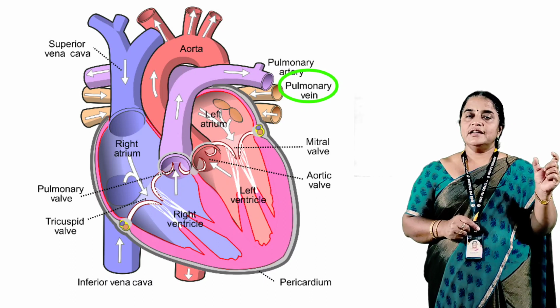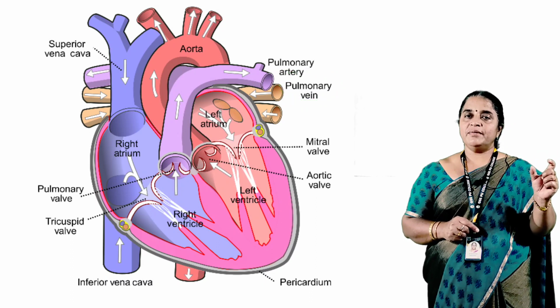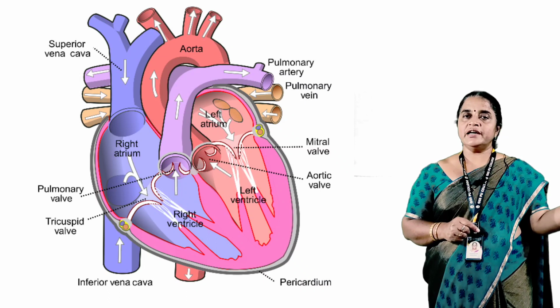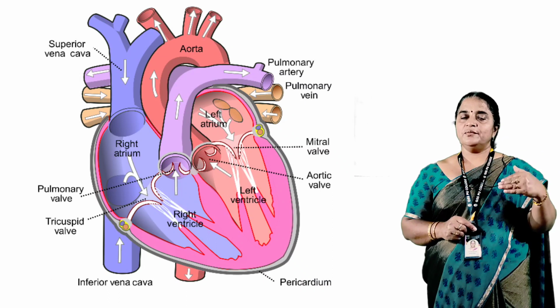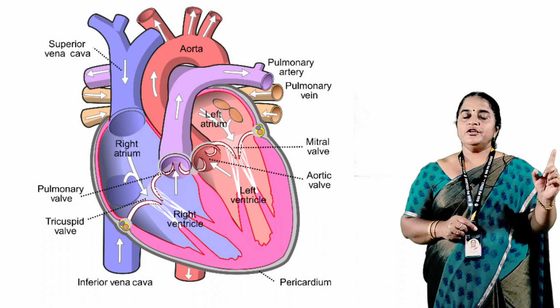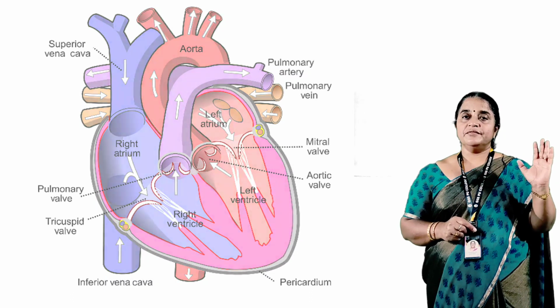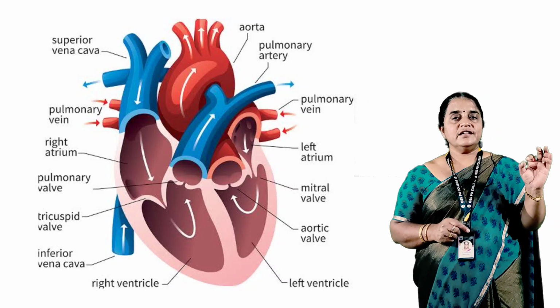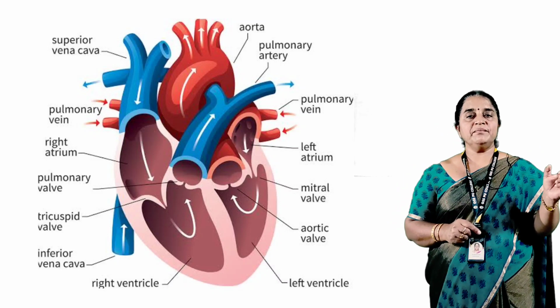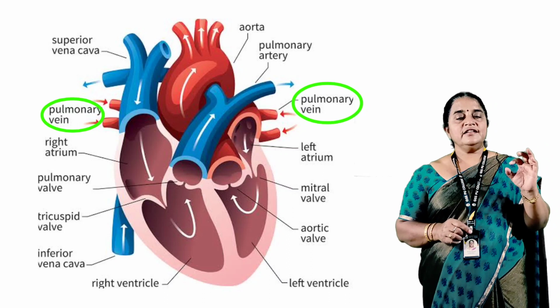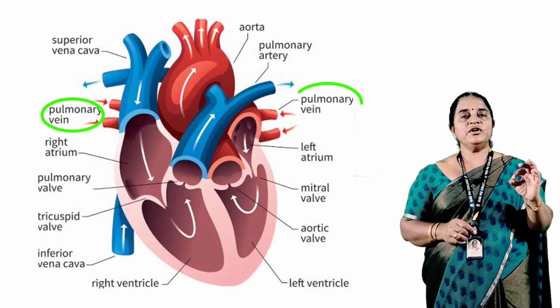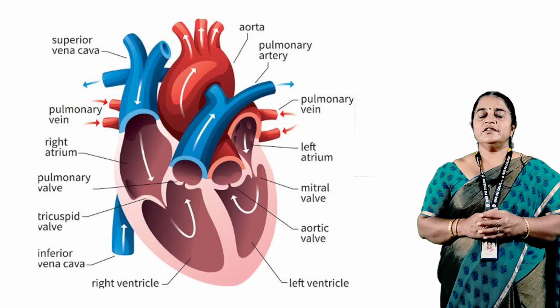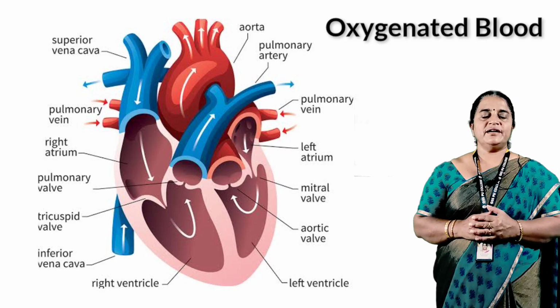Veins usually carry deoxygenated blood. But if you see the definition, a vein usually arises from an organ and comes to the heart. A vein usually collects the blood from the organs. So considering these definitions, there is an exception in the pulmonary veins. These are the only veins in the human body which collect oxygenated blood.